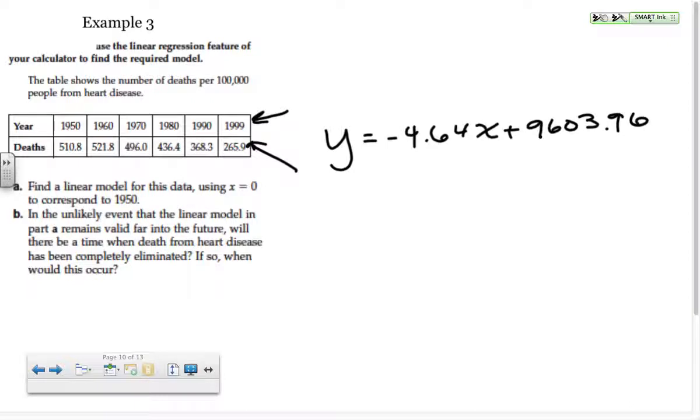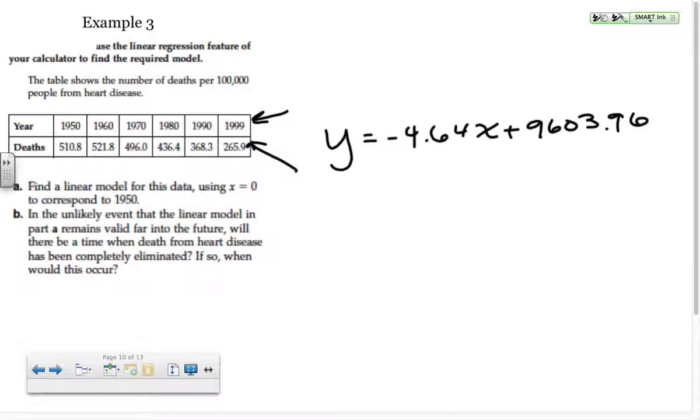All right, so that is my model. This one used 0 to correspond to the year 1950. I used 1950 as my first point, so you can do it either way.